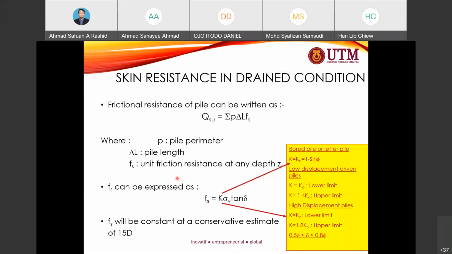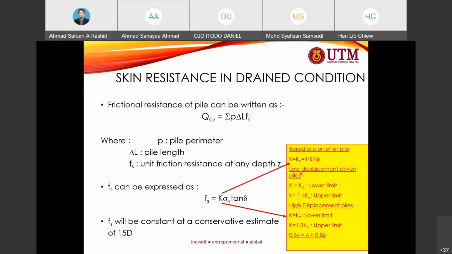Now for the skin resistance in drained condition, we use this formula. Then there is the K value. This K value depends on the type of pile installation. For example, for a bored pile, this is the K that we may use. It depends on the phi value.